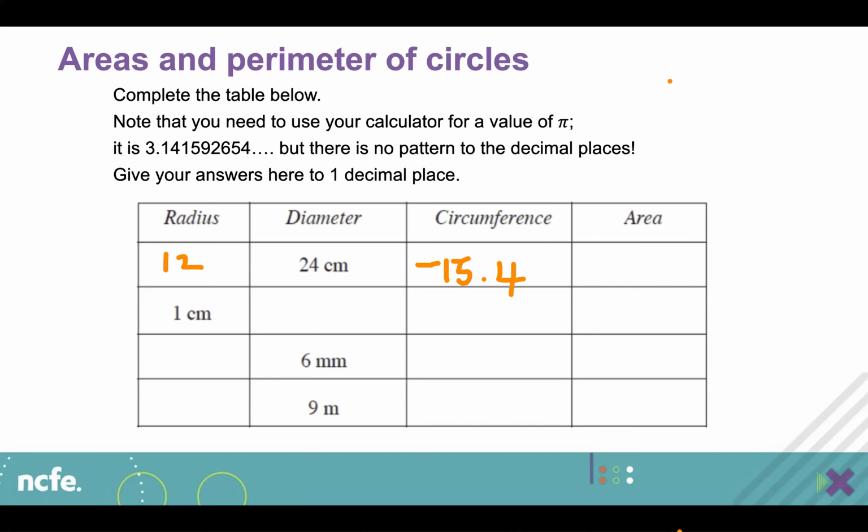And the area is pi r squared. So this will be pi times 12 squared. Sorry, let me work it out again.